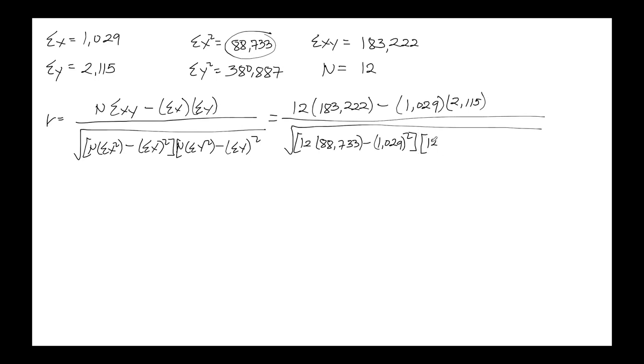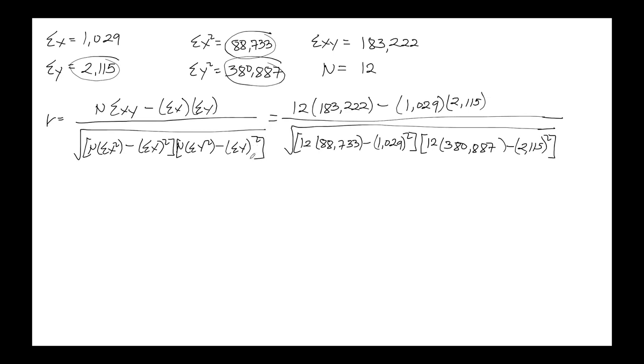Then 12 for the value of n. Then summation of y squared. Ano po yun? Ito. 380,887. Then, we have minus summation of y, tapos squared sa labas. That is 2,115. Okay, then square sa labas. Okay, then closing bracket. Nakalimutan ko pa dito.